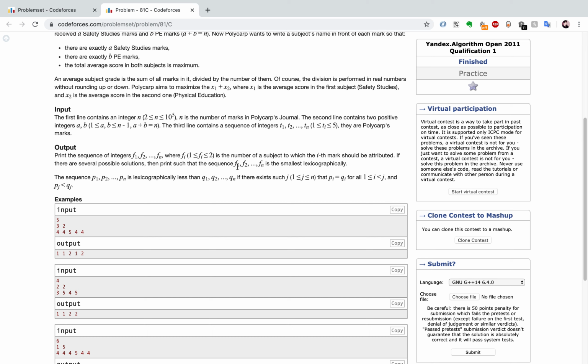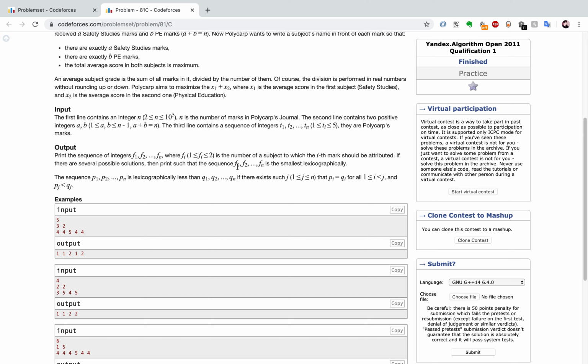We should be solving it in n log n or n. There is a hint given in the problem that the value of TI is at most 5. This is a very nice hint, but I think it should be solvable even if TI were allowed to go to higher values.